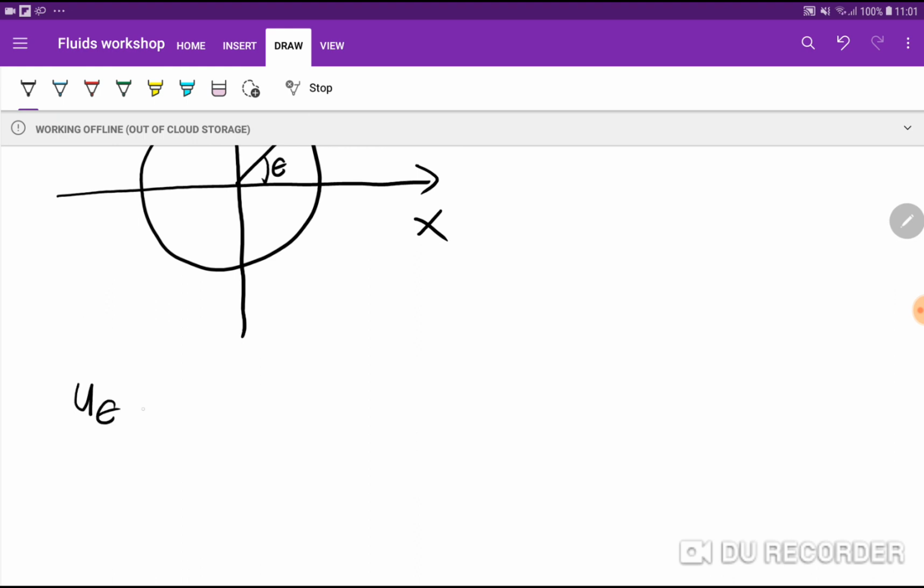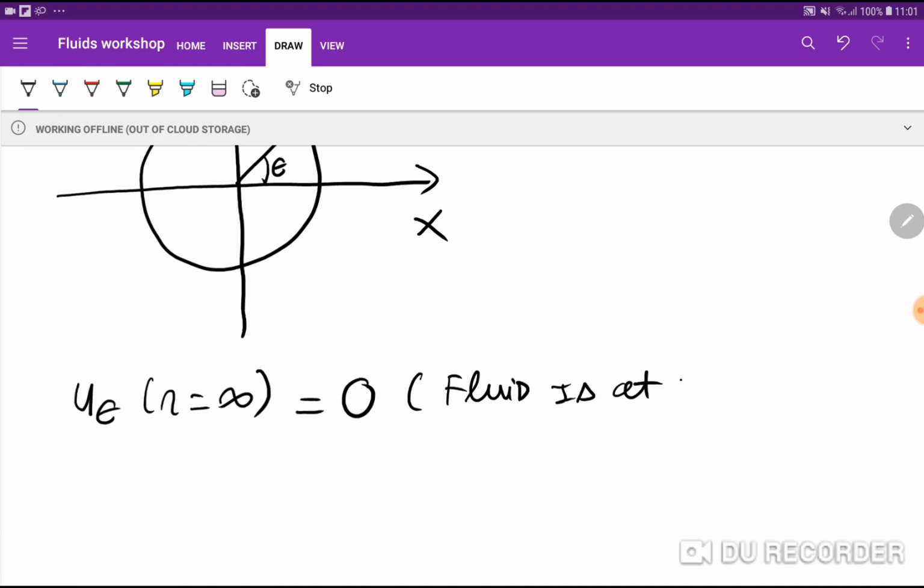The first boundary condition says the velocity at r equal infinity is 0 because the fluid is at rest. It's like you see a spinning tornado, but you're looking from afar, you see a calm surface. So that's what it means.